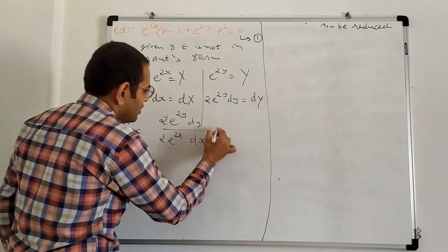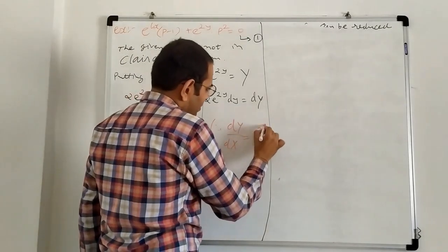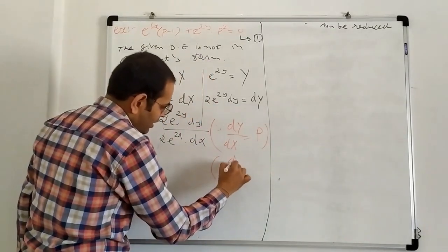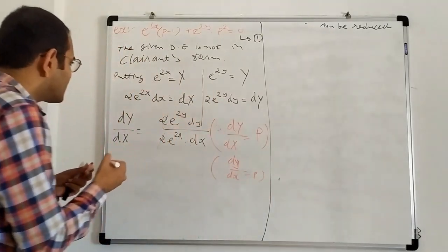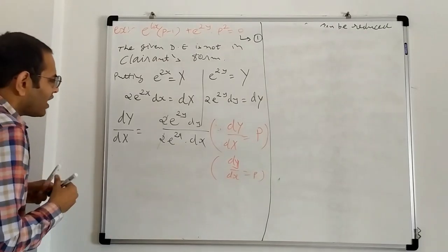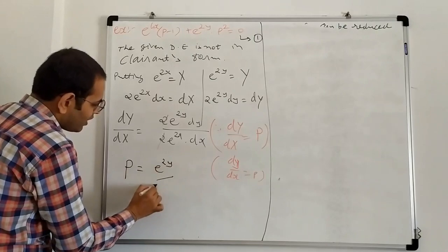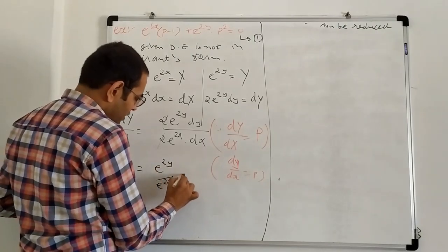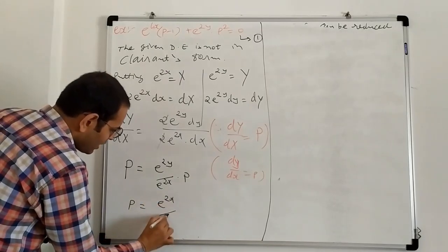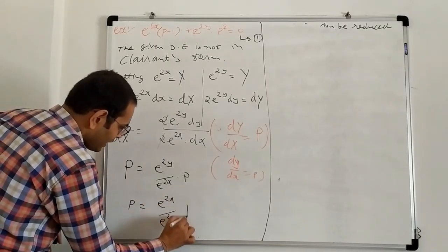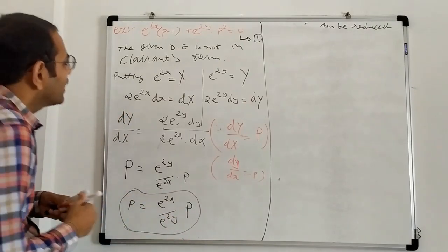Here capital dY/dX equals capital P and dy/dx equals small p. Substituting this, capital P equals e^(2y)/e^(2x) times small p. Then p equals e^(2x)/e^(2y) times capital P. That is our equation number 2.